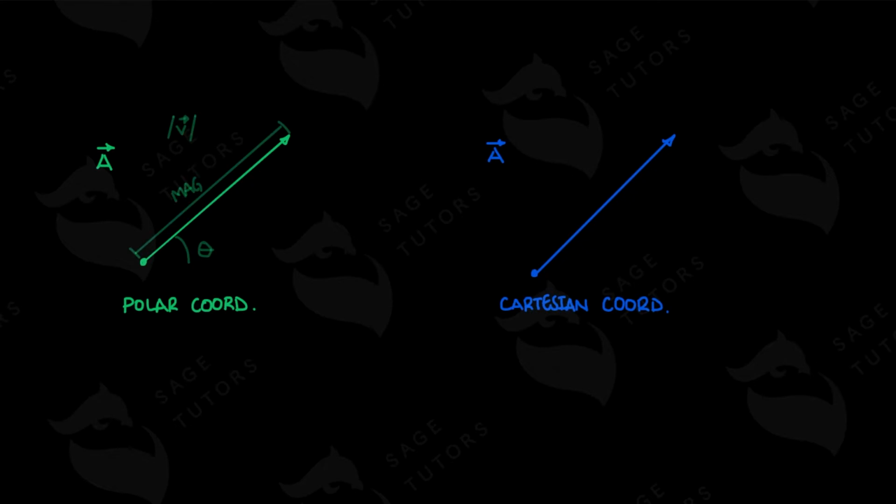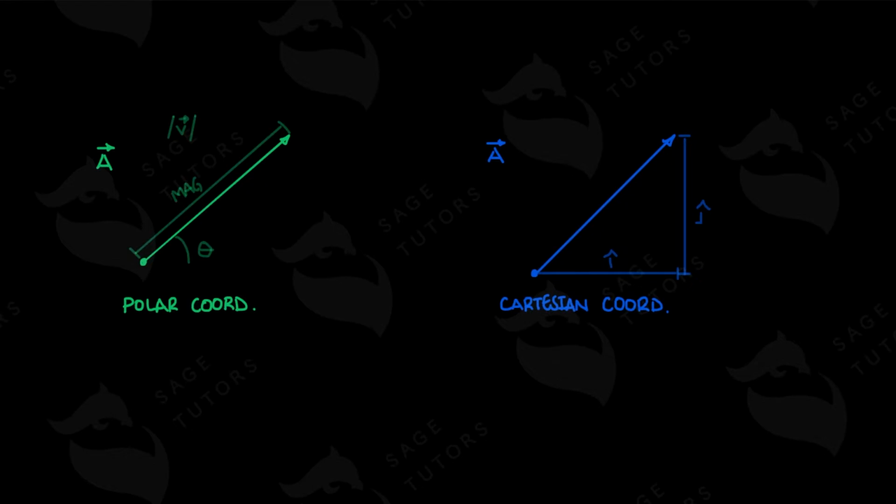We have the same arrow, but this time I'm going to have two quantities: the horizontal component of the vector, called the I component, and the vertical component of the vector, called the J component. Together we can represent this vector.